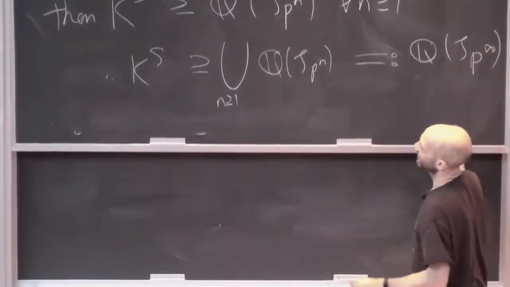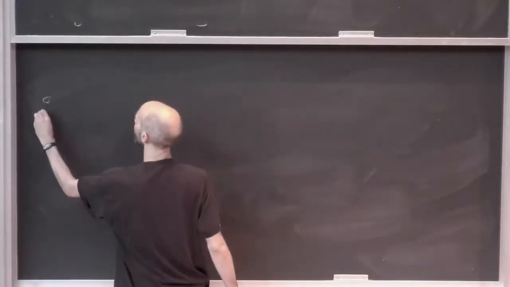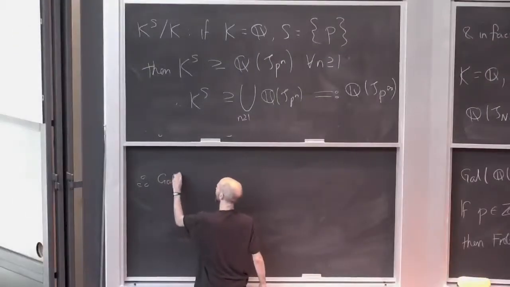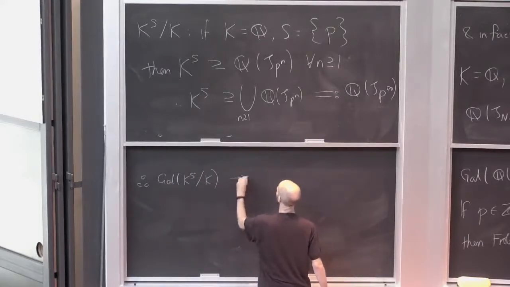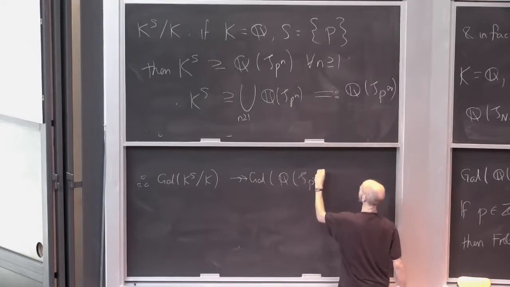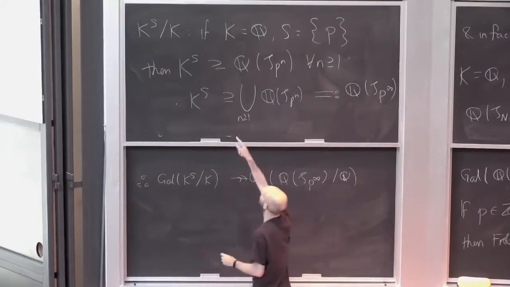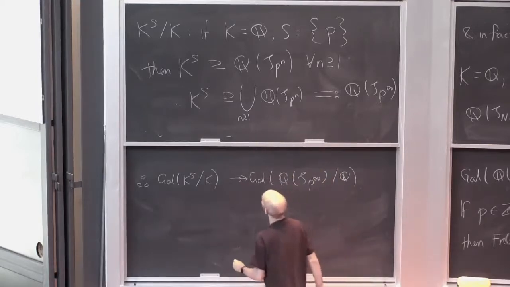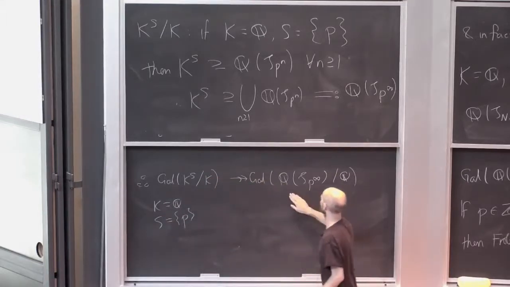So there's that. And therefore Gal(Ks over K) is going to surject onto Gal(Q(zeta_P^infinity) over Q). So this is Q, really. K is Q, and S is P. And that Galois group there surjects onto this group.